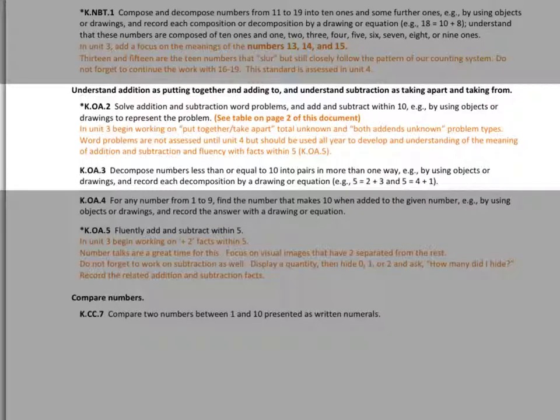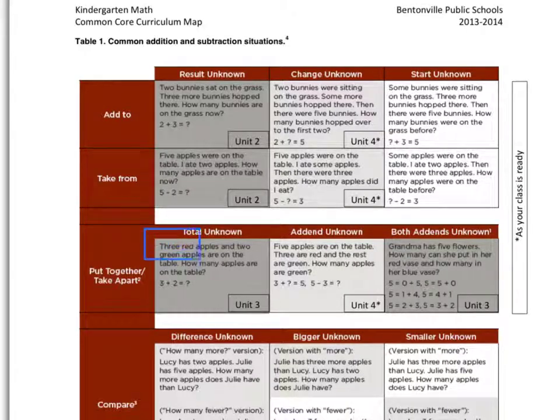In Unit 3, KOA 2 is focusing on put together, take apart, total unknown problems, and both addends unknown problems. Let's take a look at the table on page 2 of this document to remember what these problem types look like. Put together, take apart problems and both addends unknown problems can be found here on your problem type table.